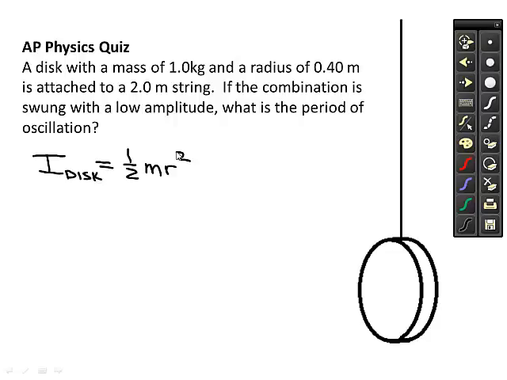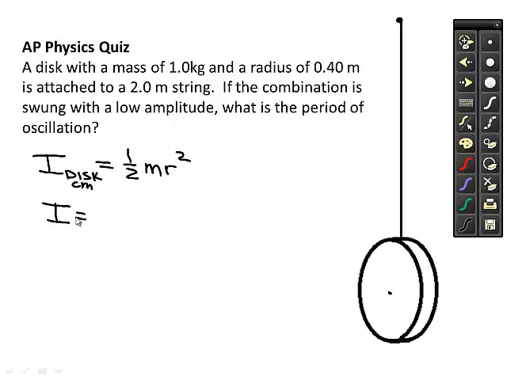Now, check it out. You need the parallel axis theorem over here, because this is the I about the center of mass, call it the CM, and what you need is the I about that pivot point. Is it 3.1?